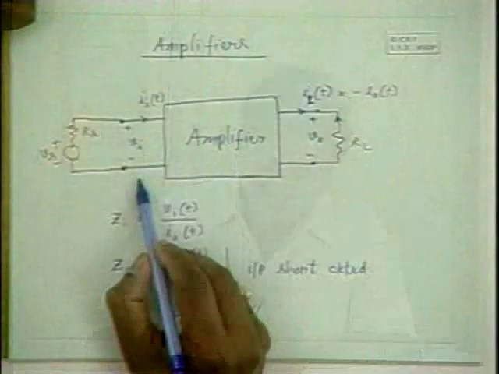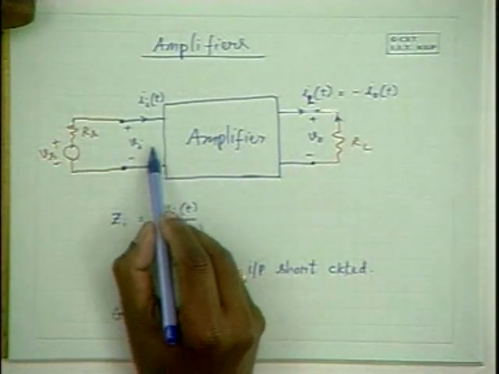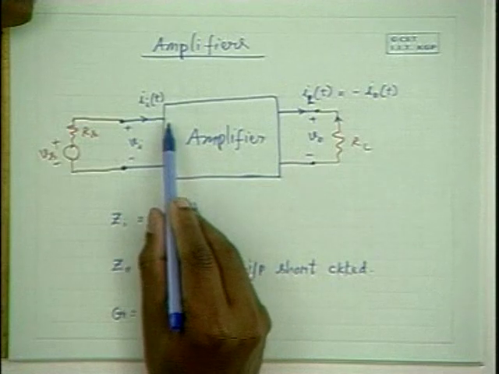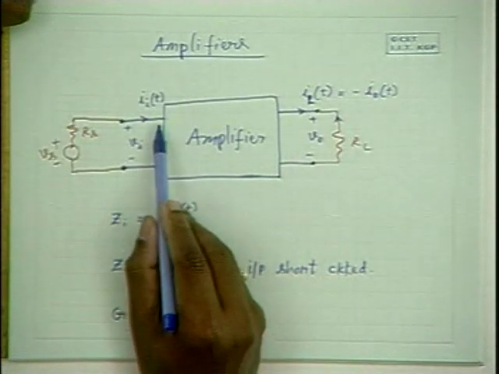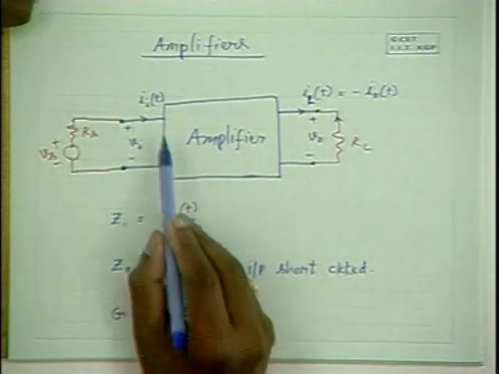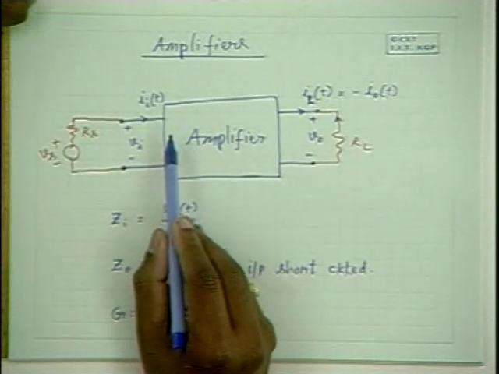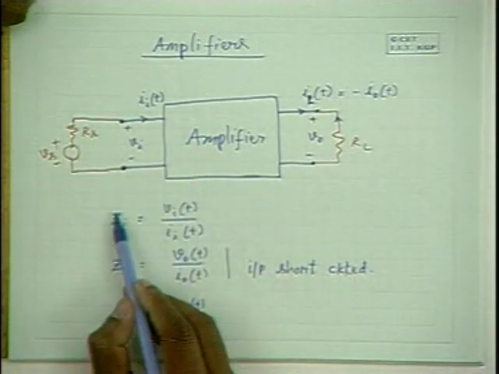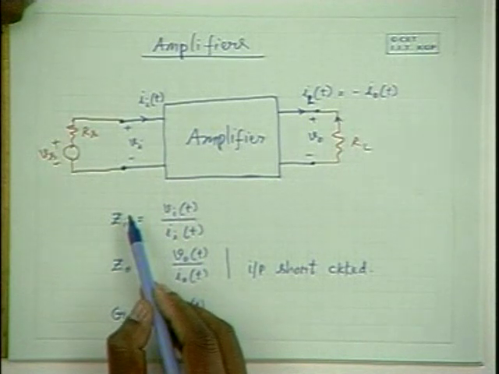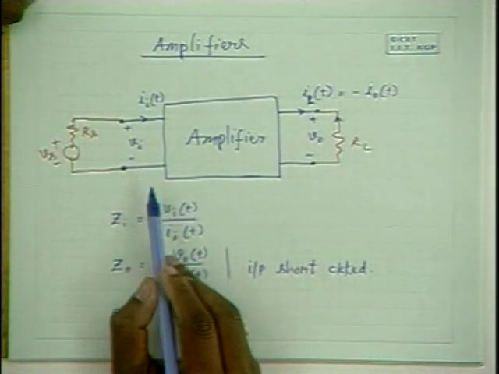Earlier, I mentioned that at the input port, an amplifier exhibits some resistance which is denoted by Ri. If I generalize it to an impedance, it becomes Zi, the impedance at the input port.